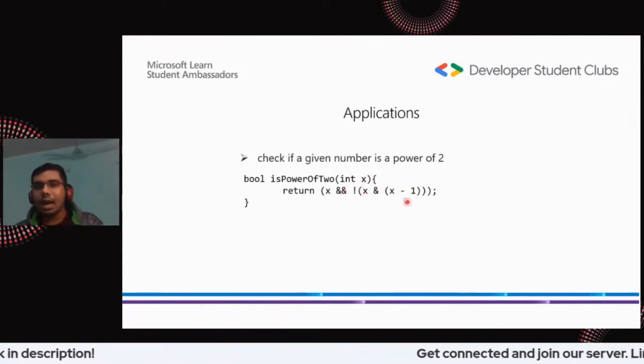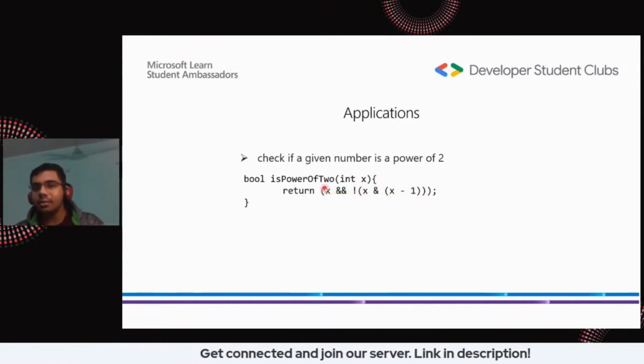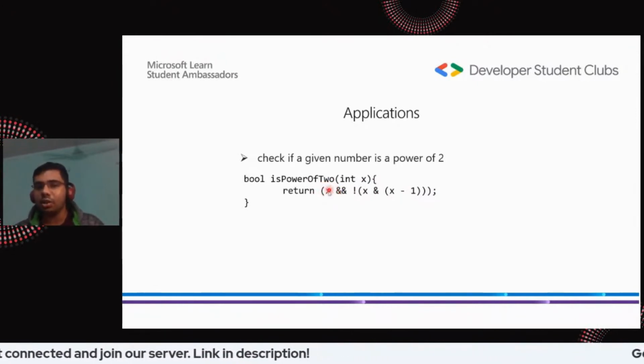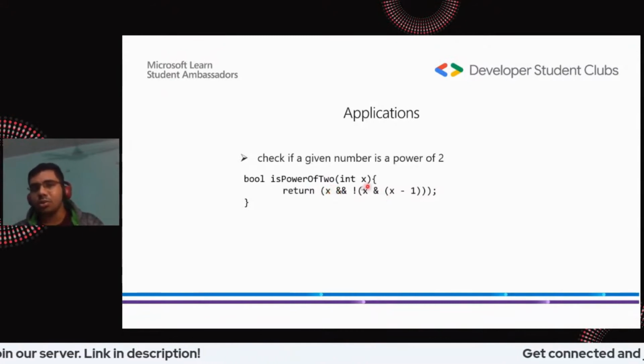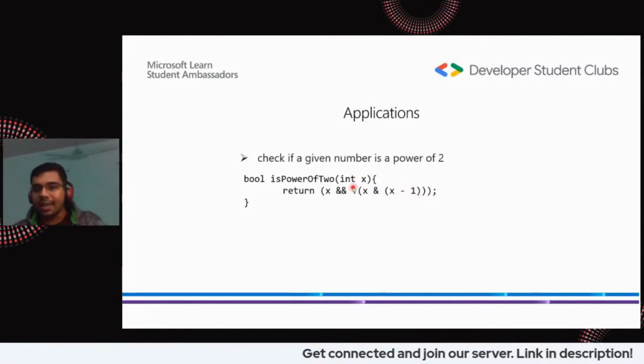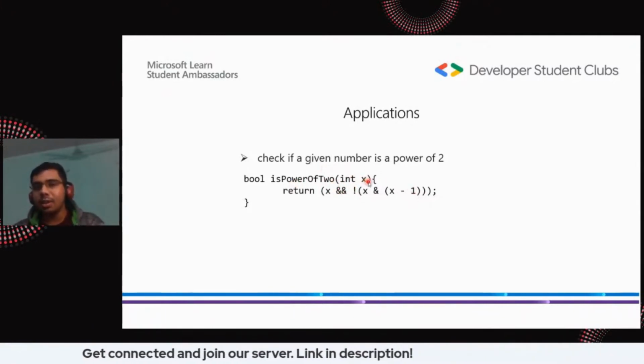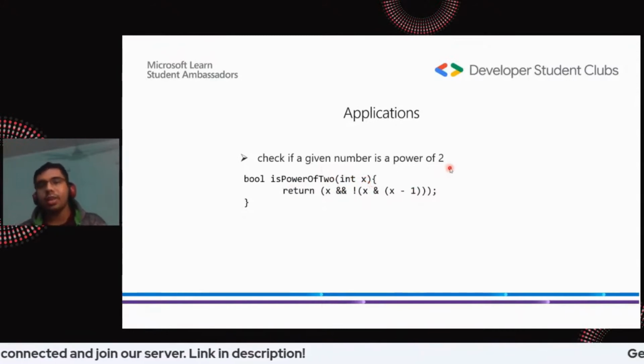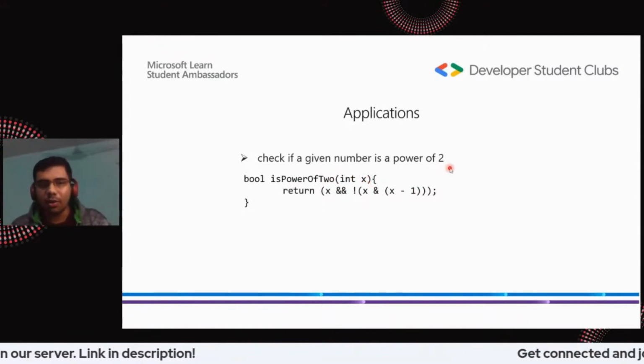And that's the basic concept behind that. And doing an AND with the number checks whether the number itself is 0 or not. The number is not 0, so this would not return 1, it would return 0, saying that the given number is not a power of 2. Our number was 6, so obviously it's not a power of 2.